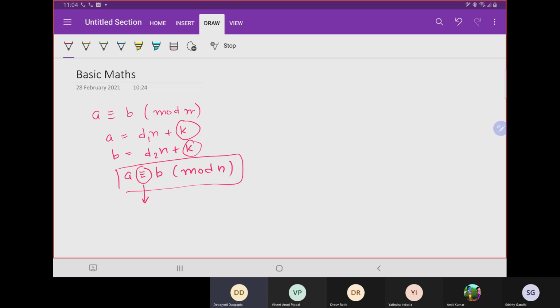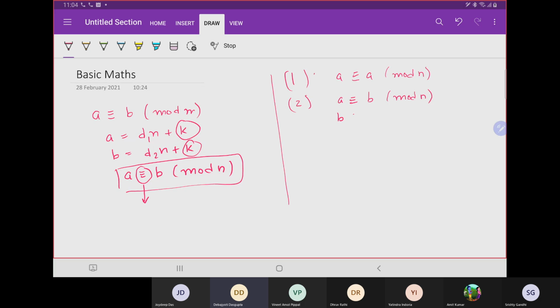Now I will say. The first property will be reflexivity. I say A is congruent to A mod n, right? This is pretty obvious because A and A will always leave the same remainder. What is the symmetric property? If I say that A is congruent to B mod n, it will also imply that B is congruent to A mod n.